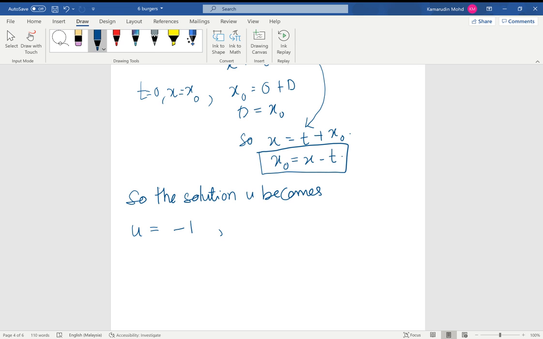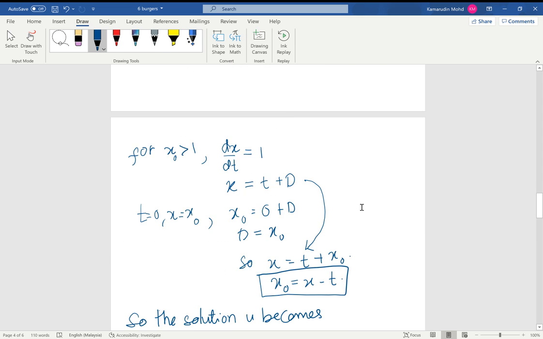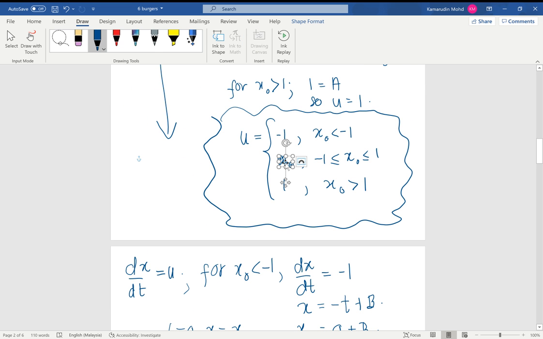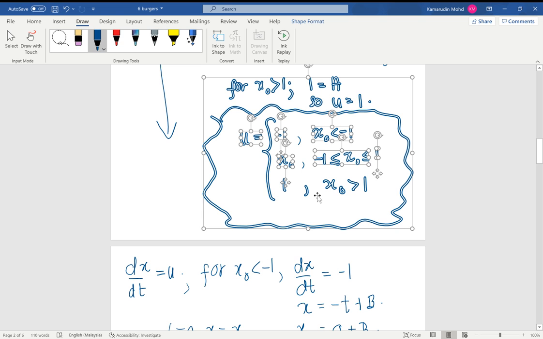Originally it is x naught. Let me refer again to all this. x naught less than minus 1 for the first case. Okay, I take all this.